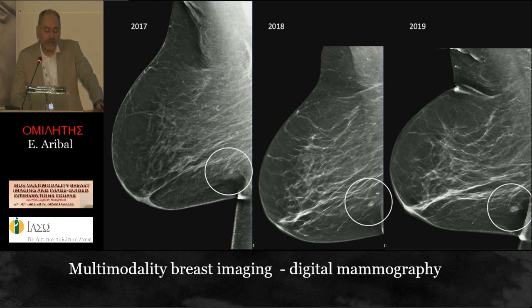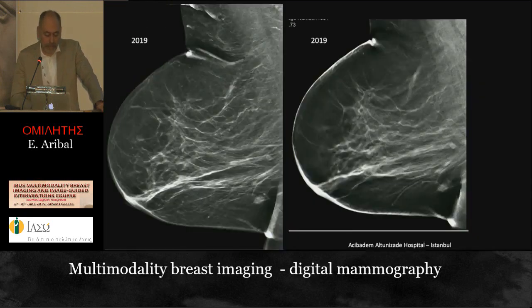But this patient has been overlooked for 2 years because the lesion was in the lower part of the breast, where this triangle is very important. In this triangle, most of the lesions can be overlooked. You can miss them, and this is one of the triangles that you should keep an eye on.